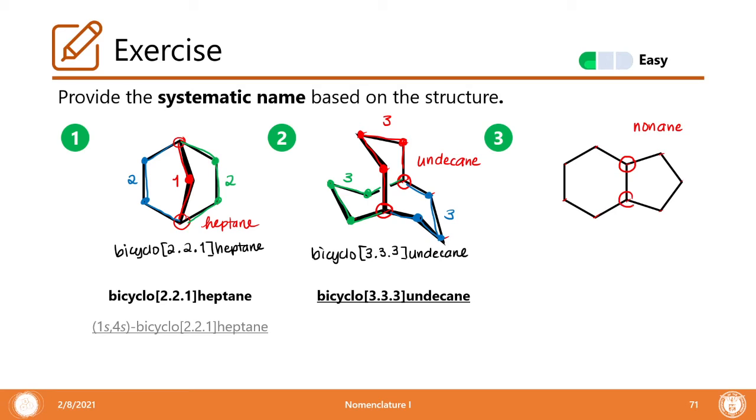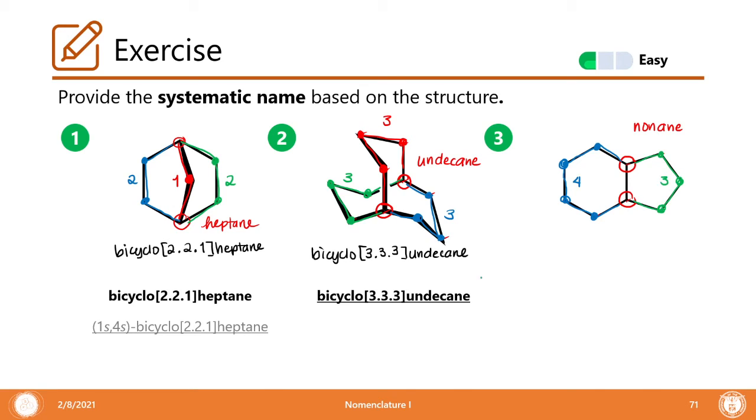These are the 2 bridgeheads. Let's count the number of carbons in each path. 1, 2, 3, and 4. 1, 2, 3.